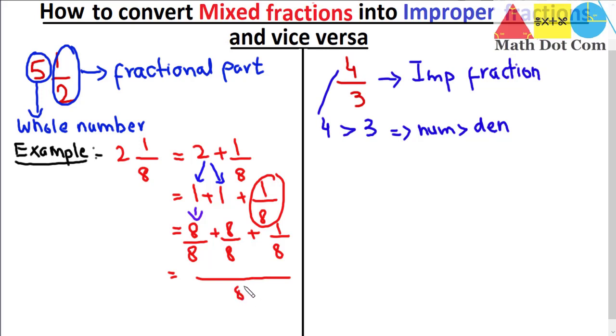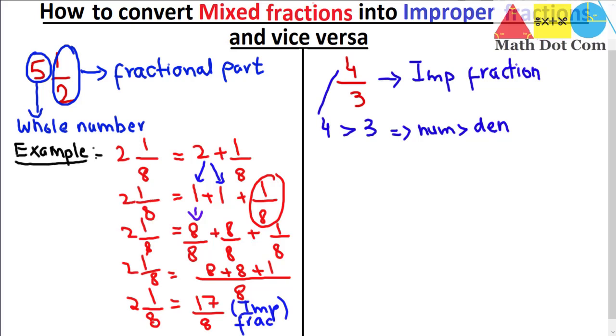So I can write 8 as the denominator and write the numerators as they are: 8 plus 8 plus 1 equals 17 divided by 8. So this is an improper fraction, and the mixed fraction is converted into an improper fraction. You can say that the improper fraction is another way to write the mixed fraction, and the mixed fraction is another way to write the improper fraction.